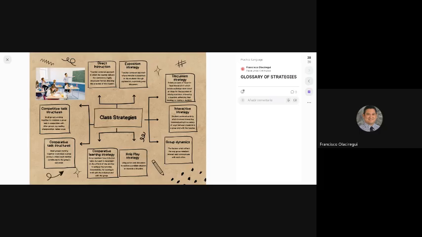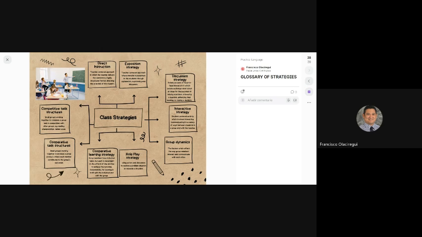We already know what a role playing strategy is, which is very effective in language teaching, because in that way we can have our students be or simulate a real experience, like a real situation.